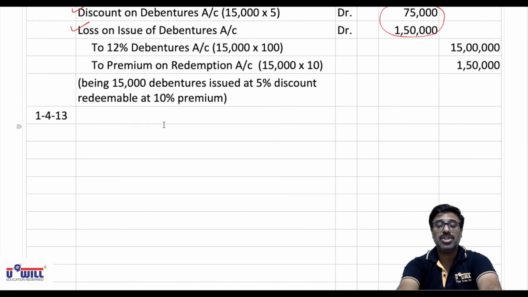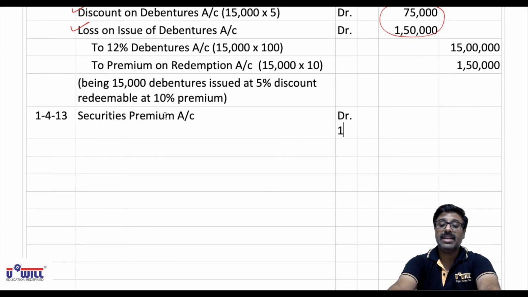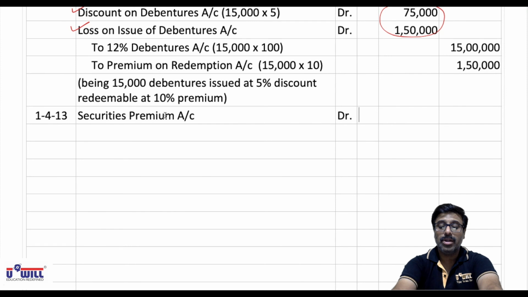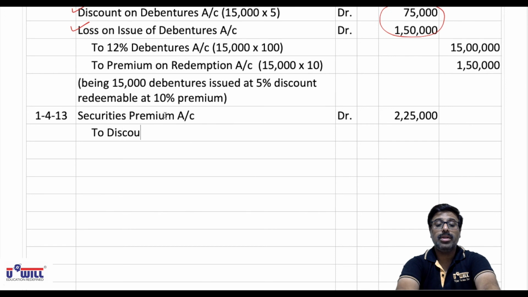If it is insufficient, we would take the difference or deficit amount from P&L account. But here it is sufficient, so securities premium account debit with 2,25,000. What is the total amount we will write off? 2,25,000. To discount on debentures account 75,000.